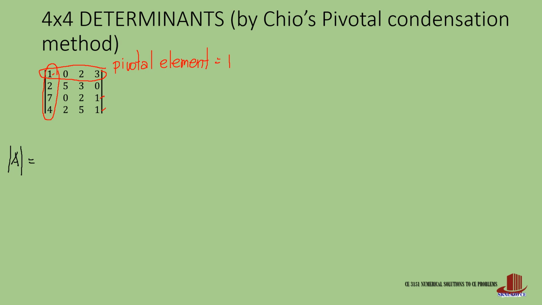Covering the pivotal column and pivotal row, we are going to have the values 5, 0, 2, 3, 2, 5, and 0, 1, and 1.